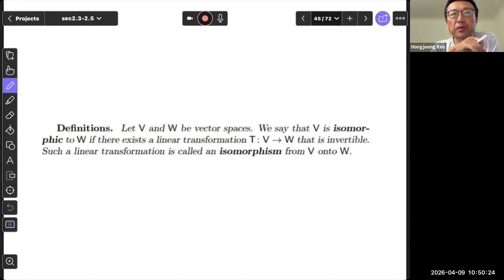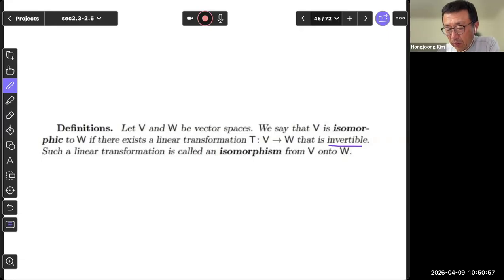Okay, now, given two vector spaces V and W, we say V is isomorphic to W if there exists a linear transformation T from V to W that is invertible. Then, as I said, if T is invertible and they are finite dimensional, then the dimension of V and the dimension of W will be identical, the same, right?